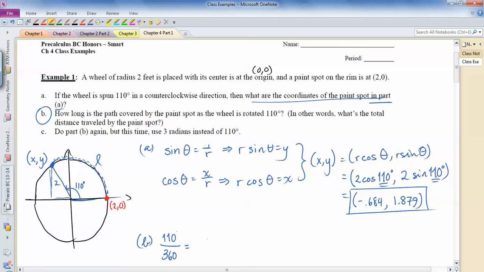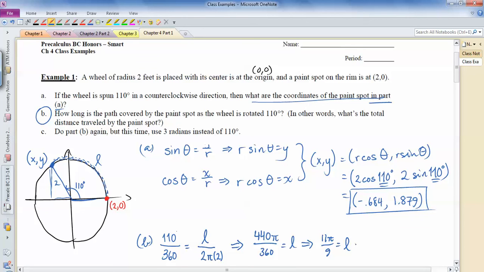And the arc that it carved out, L, is part of the entire circle's circumference, 2 pi r, which is 2 pi times 2. If you do a little bit of algebra, cross multiplying and simplifying, you end up with 440 pi over 360 equals L. And then you can simplify that some more. It becomes 11 pi over 9 equals L.